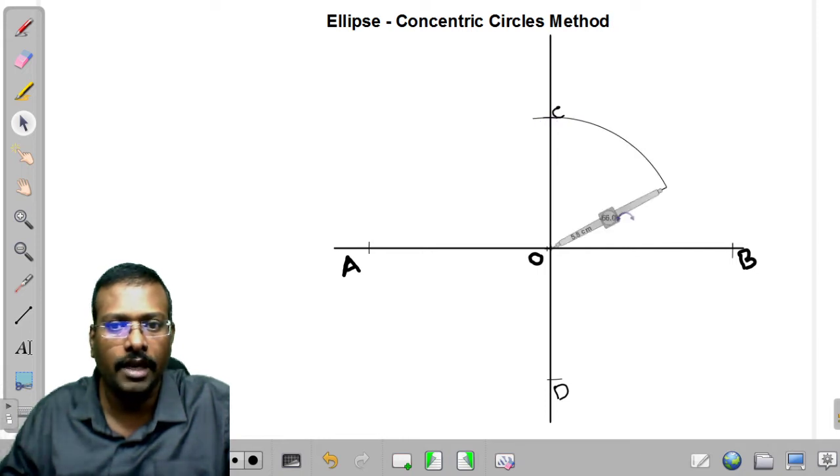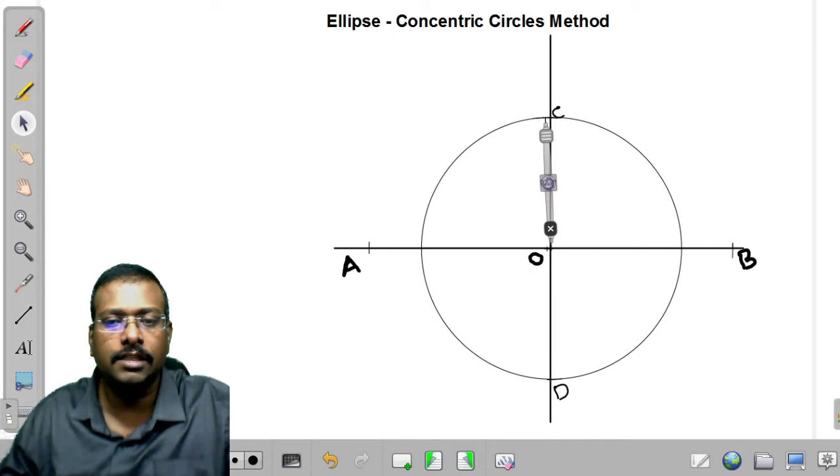So we are going to get the circle like this. This is minor circle.